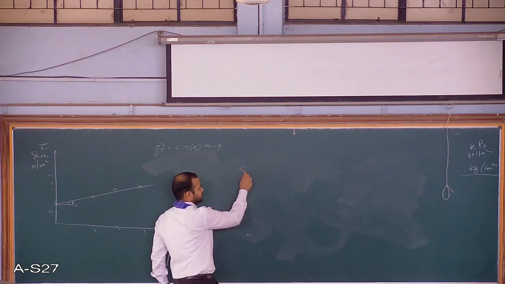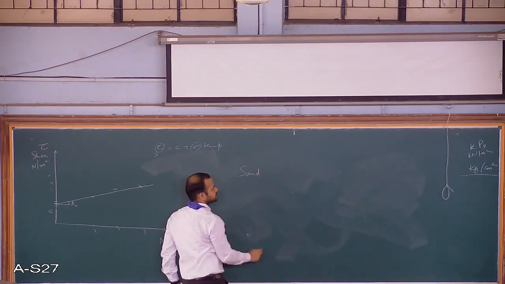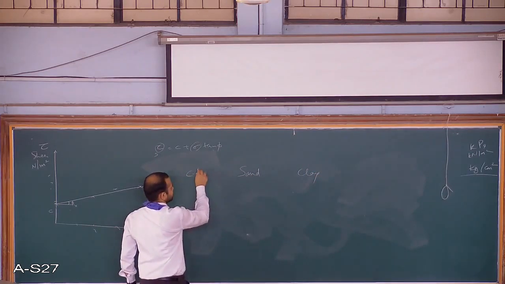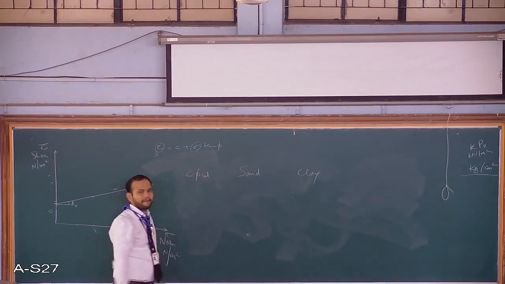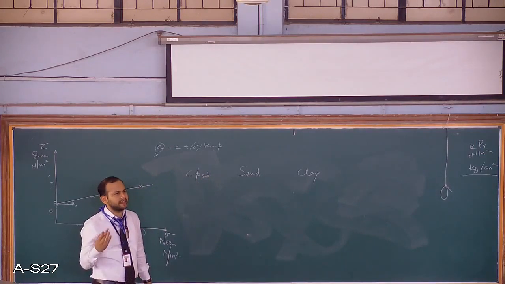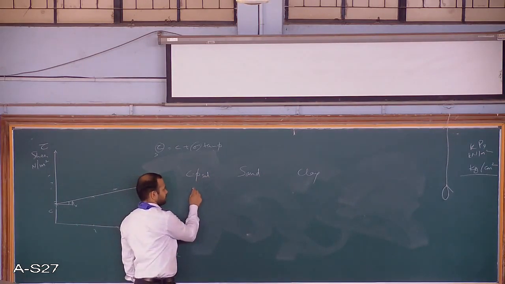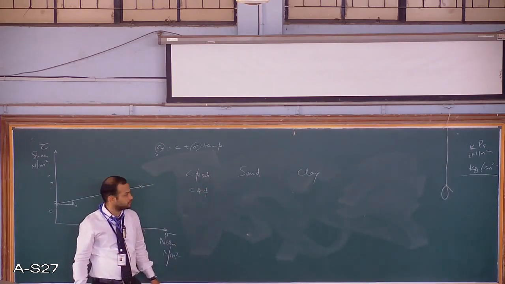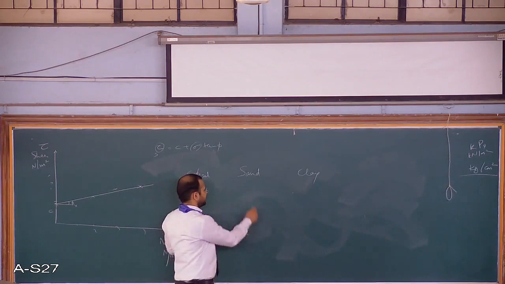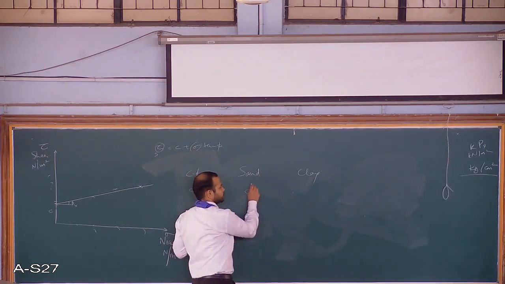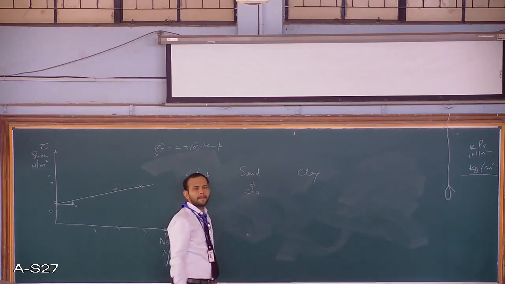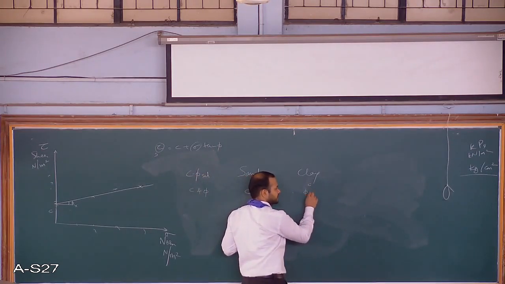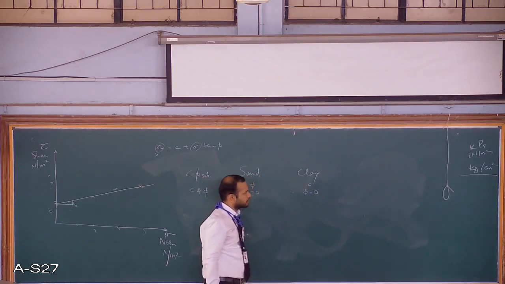So we have three types: sand, clay, and C-phi soil. So when we have both C and phi parameters, we have C-phi soil. For sand, your cohesion will be 0, so you have only phi. And for clay, you have only C, your phi is 0.